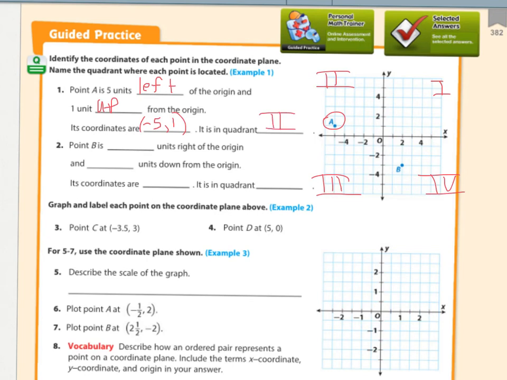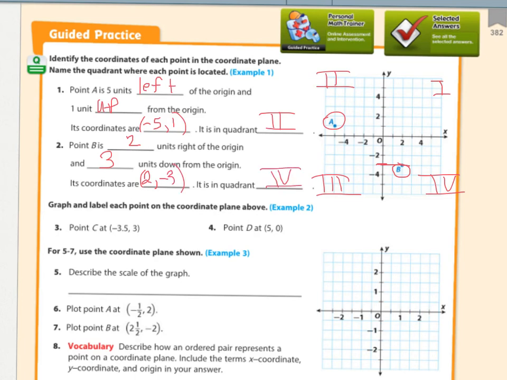Point B is, here's point B. Okay, remember we go left or right first on the x-axis. So how many units over is it? It's 2 units right of the origin. And then how many units down? It's all the way right here at -3. So it's 3 units down from the origin. Its coordinates are +2, -3, and it is in quadrant 4.